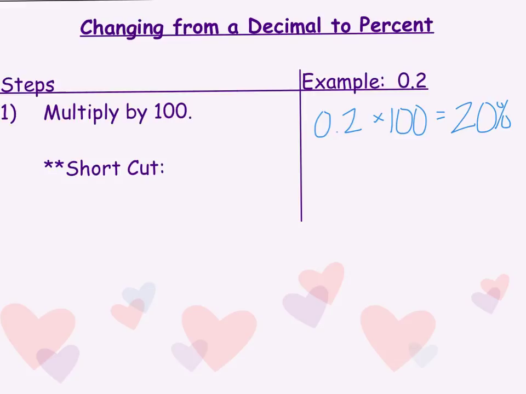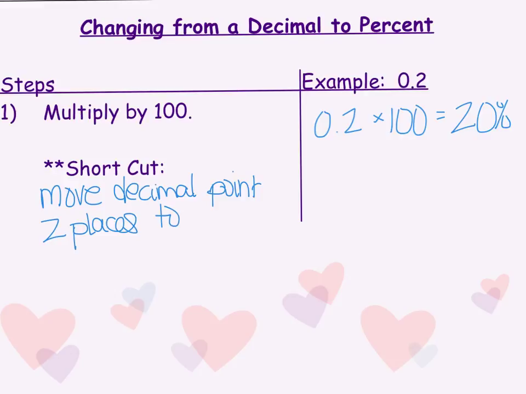The shortcut, when you're going from a decimal to a percent, is to move the decimal point still two places, but instead of going to the left, now we're going to go to the right.